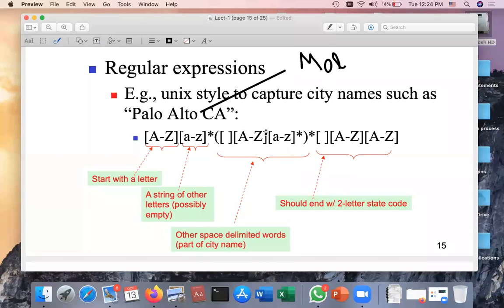Yes, if you place star in every portion, then you are basically giving this option that you can repeat. If we have a star over this space, then it means you can produce this space more than one time. If there is star over it, then it means you can produce capital letters more than one time.